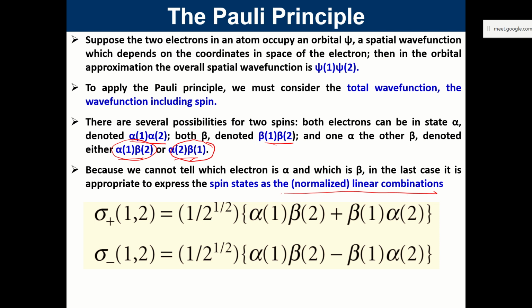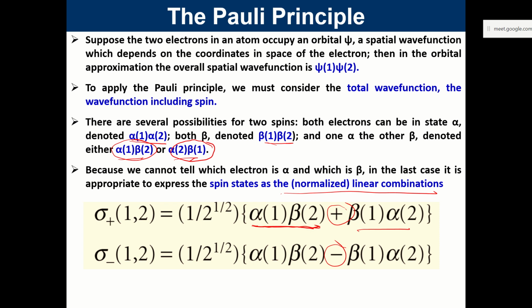That is the safest thing to do. When we are uncertain whether electron number 1 has up spin or 2 has down spin, we write it this way. We can combine the two spin wave functions, and two combinations can be worked out.